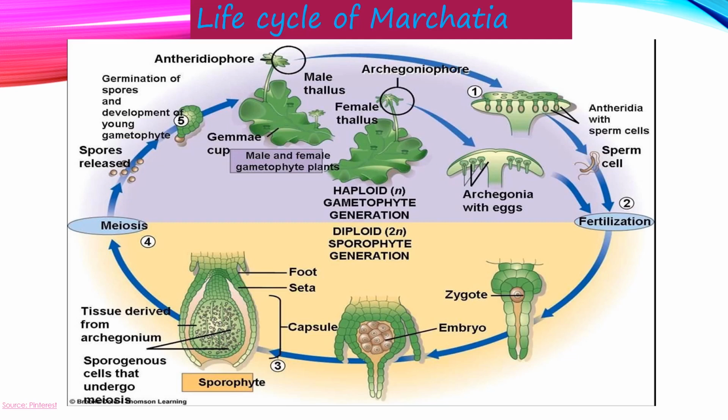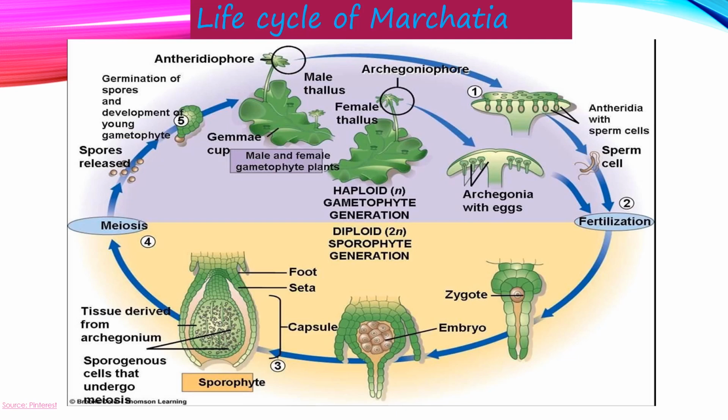In addition to the haploid spores, the capsule also has elongated cells called elaters. Elaters are sensitive to moisture. When the capsule gets mature and dry, the elaters create a twisting action which helps in the dehiscence of the capsule. Now the capsule will start opening.